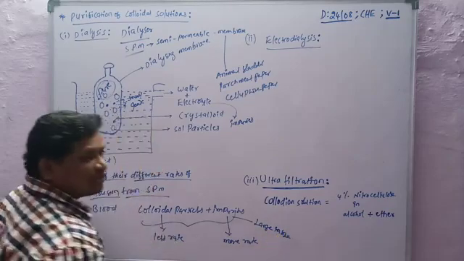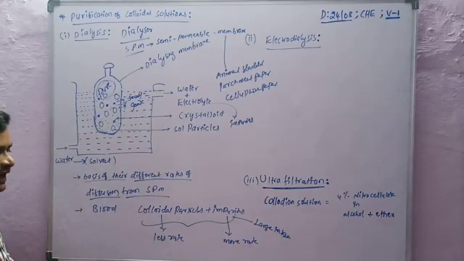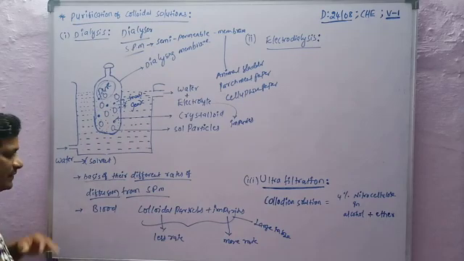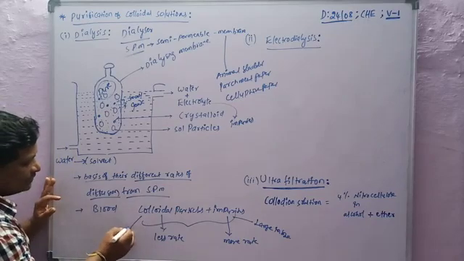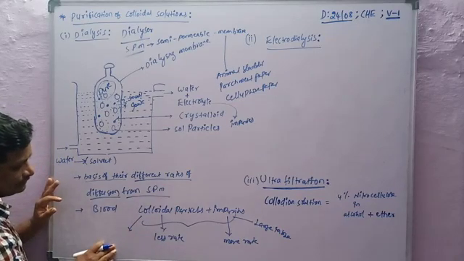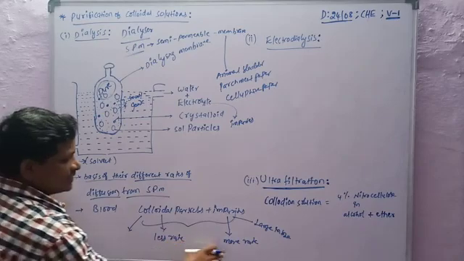If the size is more, the rate of diffusion is less. Actually, the rate of diffusion is inversely proportional to the square root of its molecular weight. So impurities have a higher rate.